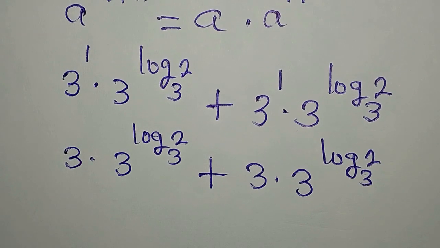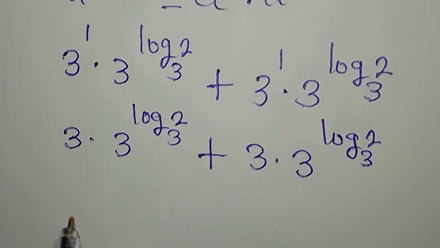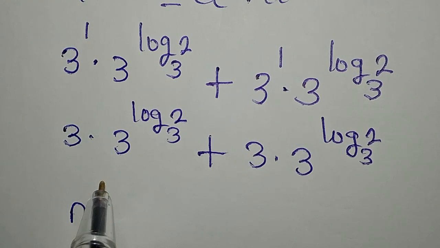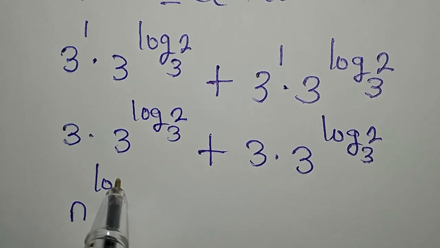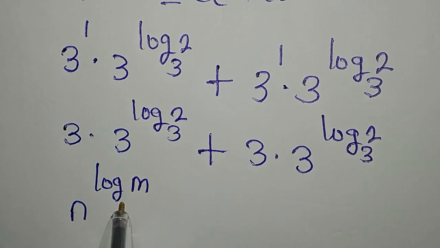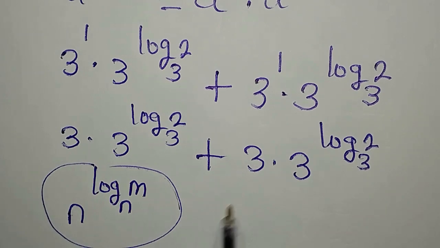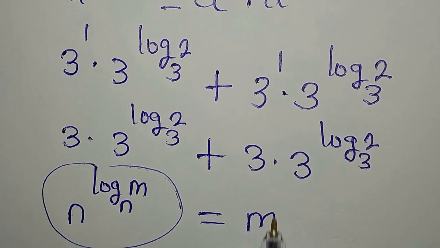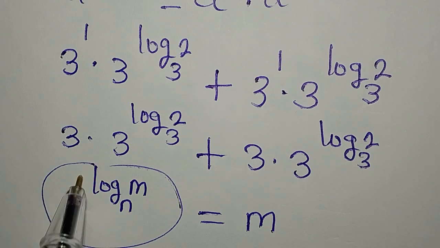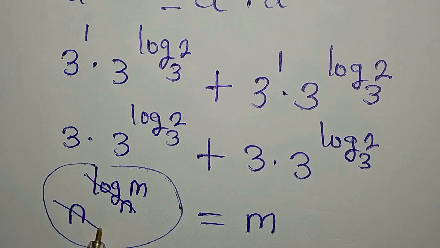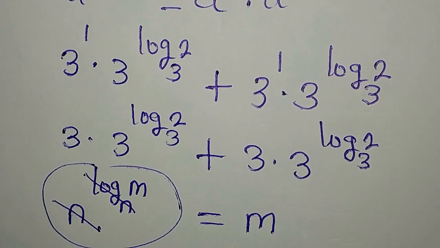But then there's another law that we are going to apply. The law says if you have n to the power of log m to base n, it is the same as m, because log to base n will cancel this n. Once this cancels out, then m is what is left over.